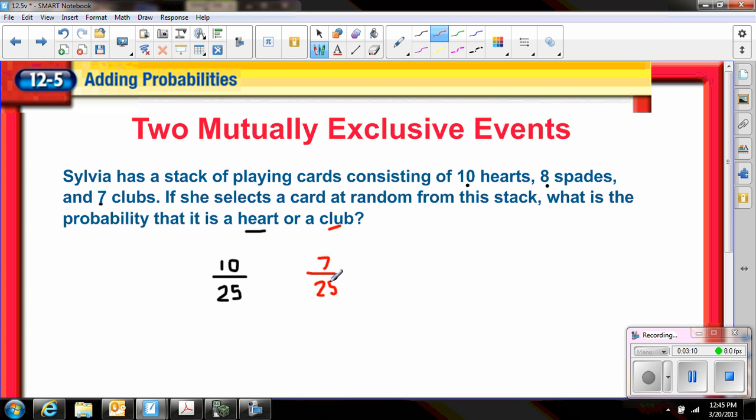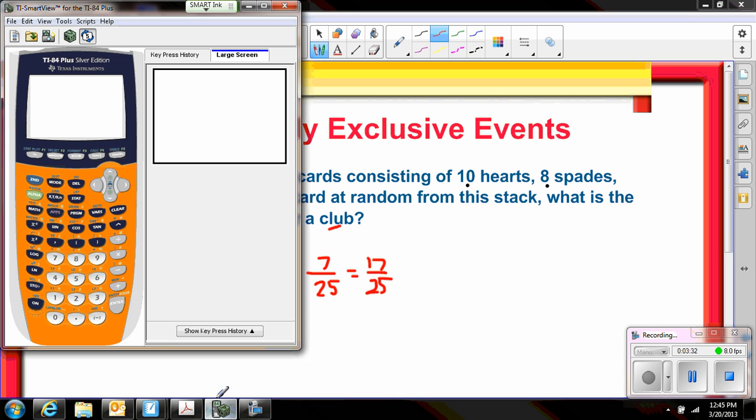Now I want one or the other to occur, so I take my 10 over 25 for a heart, I take my 7 over 25 for a club, I add those two numbers together, and that gives me a probability of 17 out of 25. That is the chances of drawing a heart or a club out of a 25 card deck.